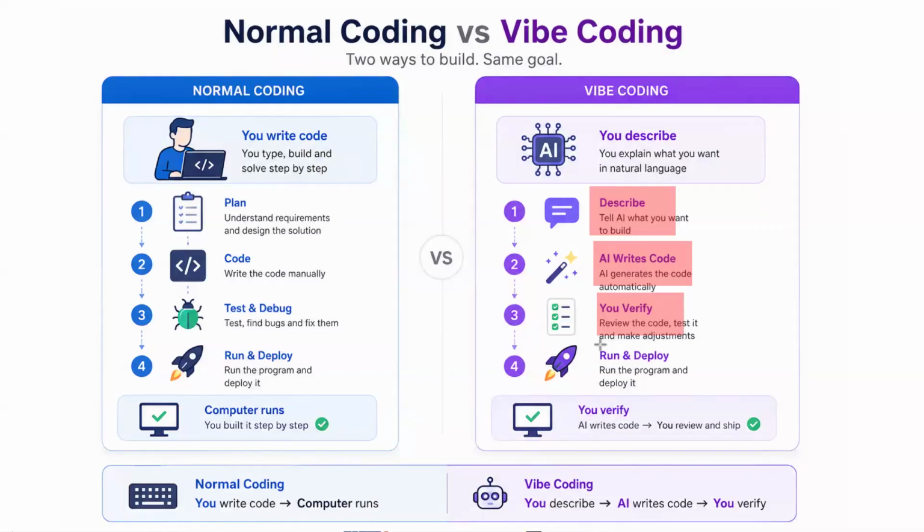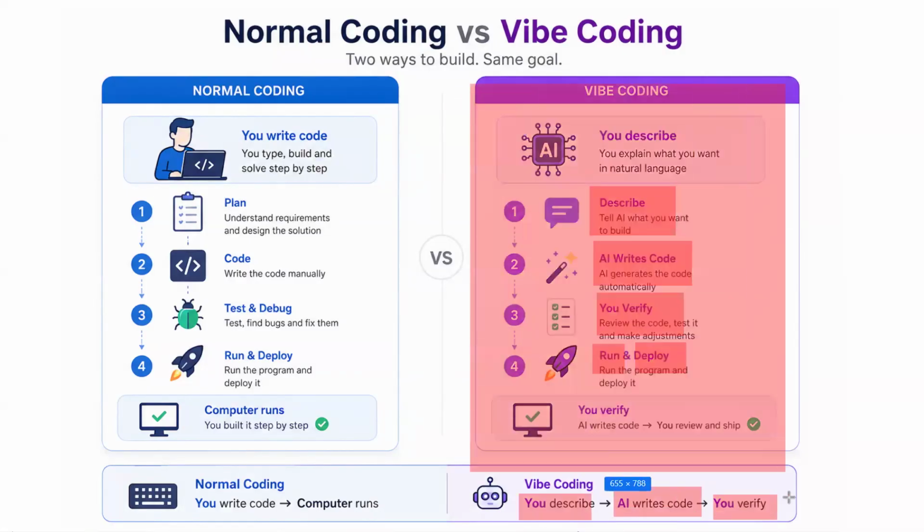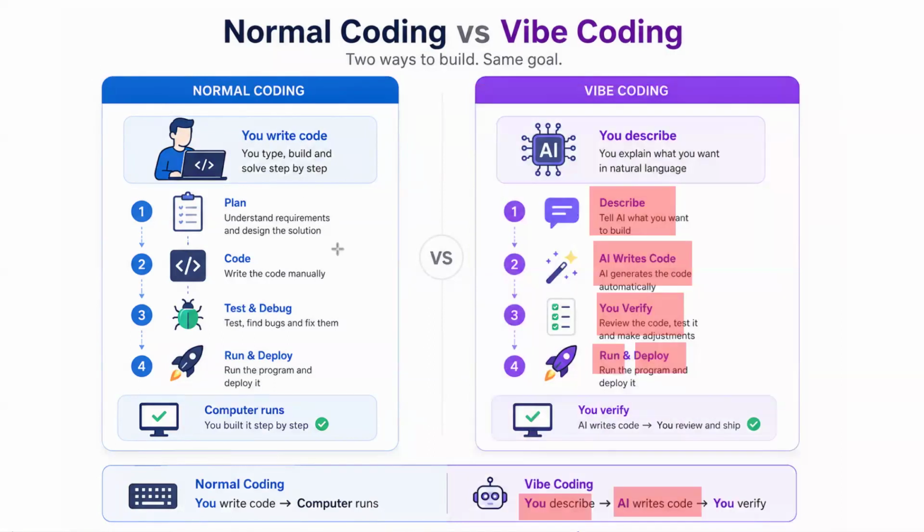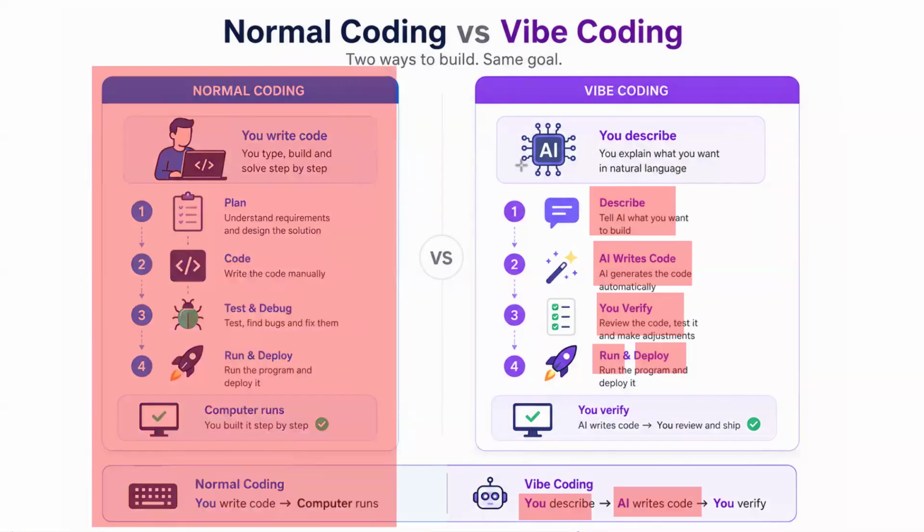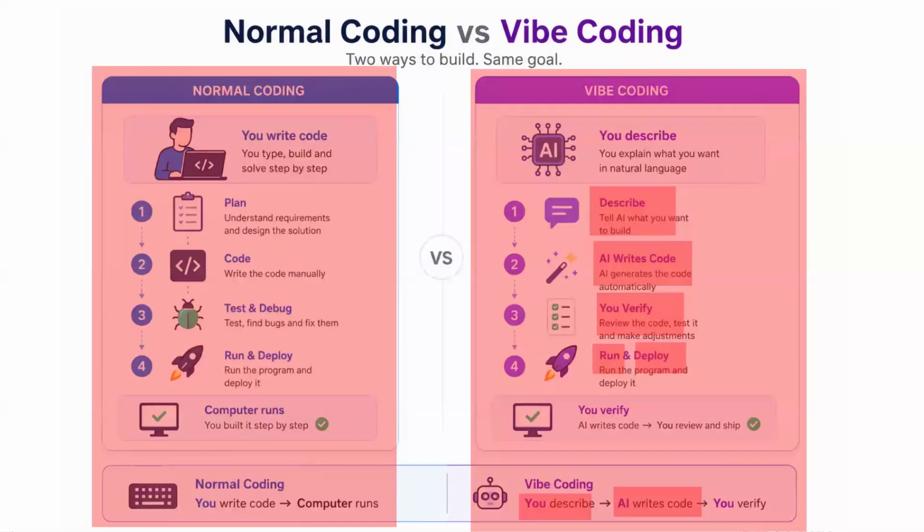Simply, you describe, AI writes the code, you verify, done. Everybody is worrying about this. So the industry has transitioned from the normal flow to this. Got it? Is it clear to all of you?